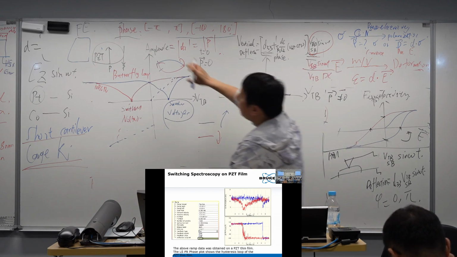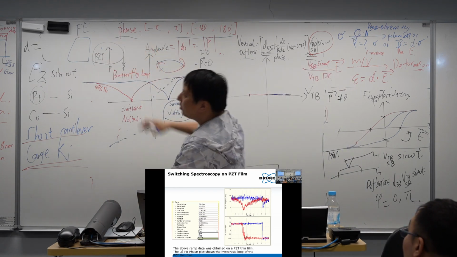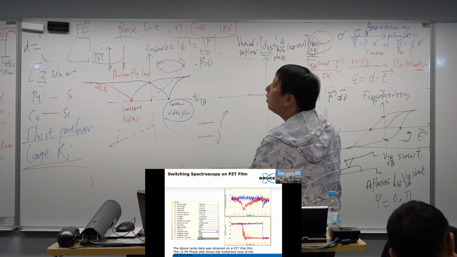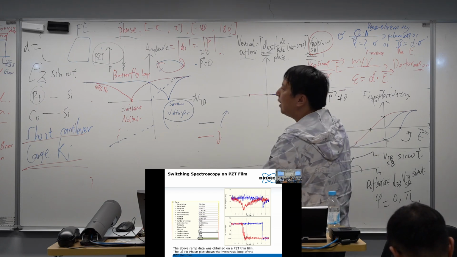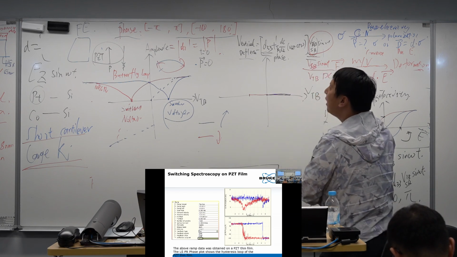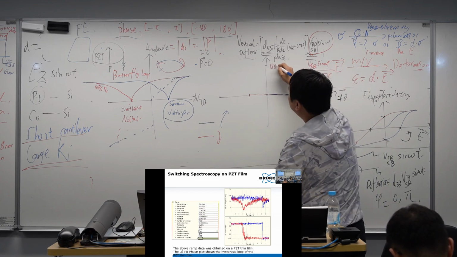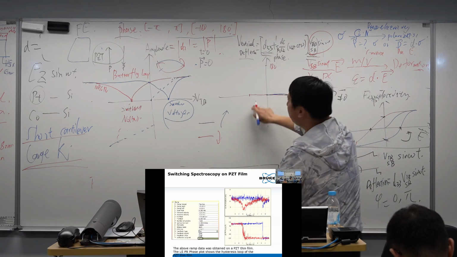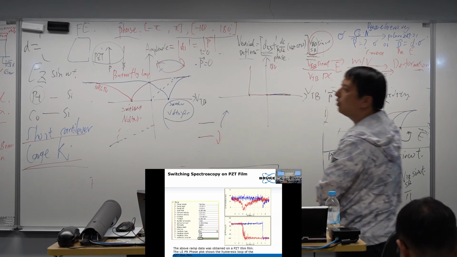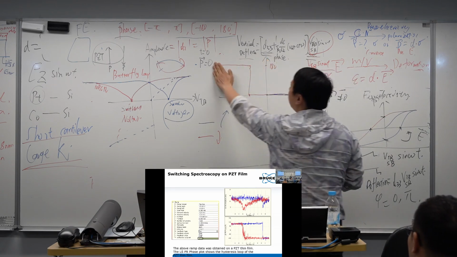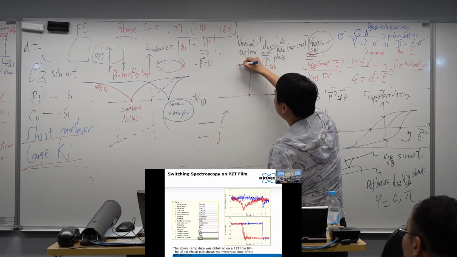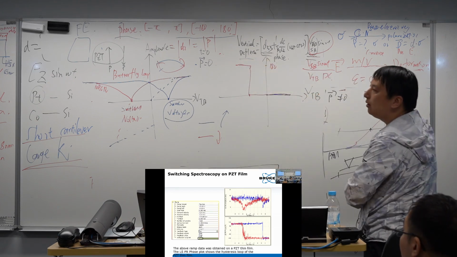If the facing down is dominant, the total polarization will be negative. Once it's negative, the phase will be 180. So at this point, the phase will jump to 180 and then it will be completely 180.